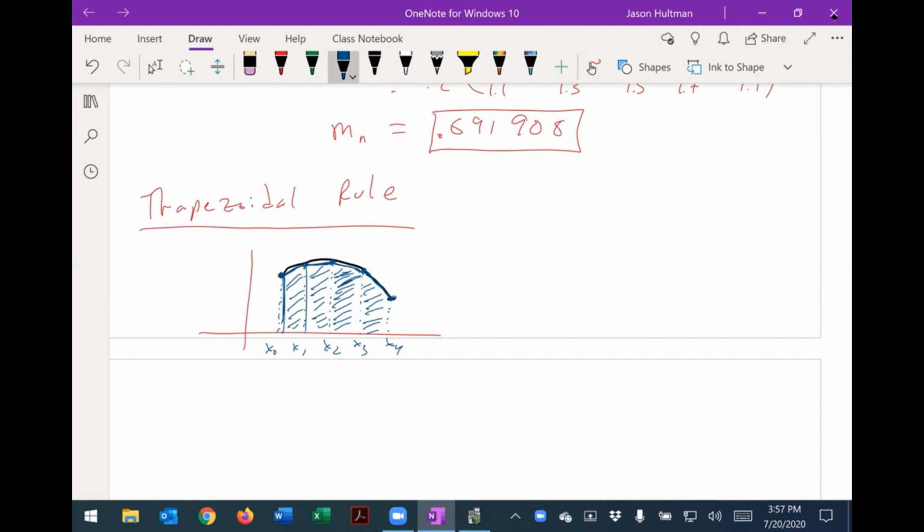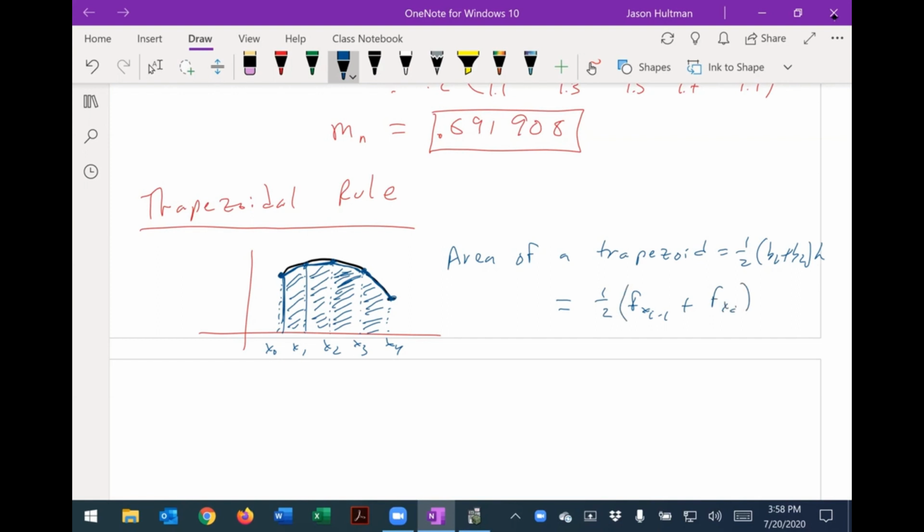So we want the area of a trapezoid. The area of a trapezoid is equal to 1/2 base 1 plus base 2 times height, right? In our case, it's going to be equal to 1/2 f of x sub i minus 1 plus f of x sub i, times the height.